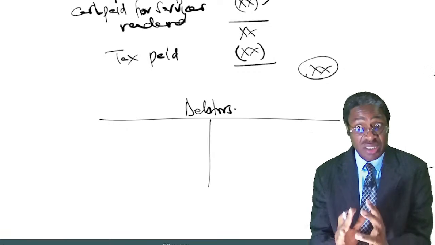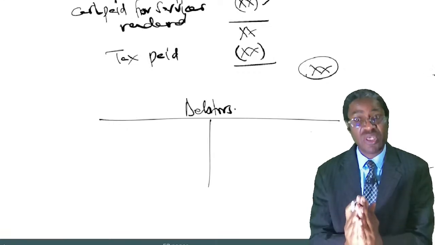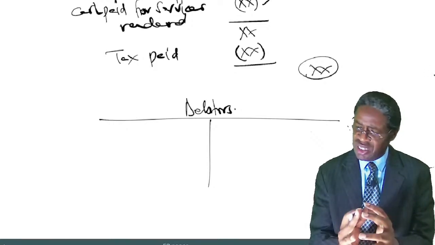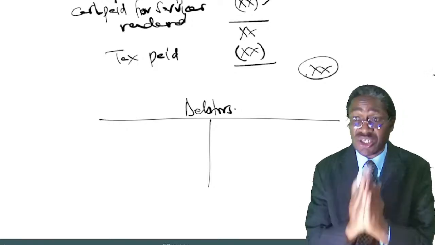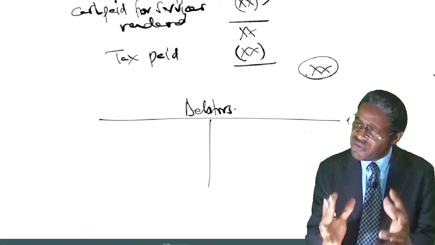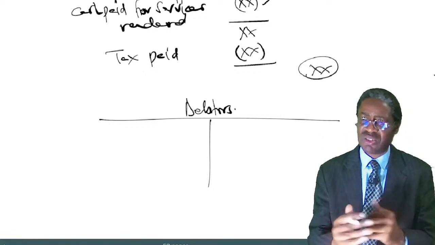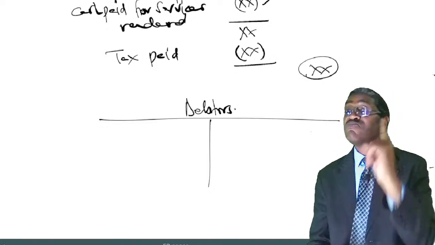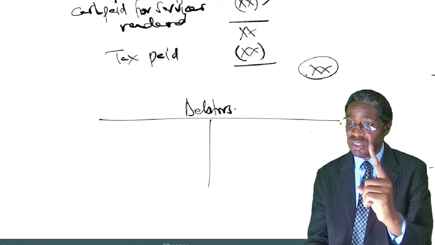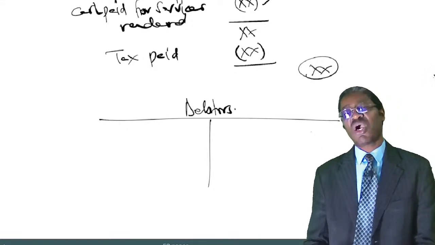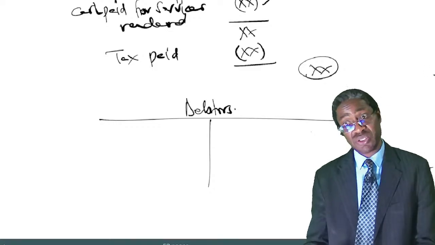From this topic of cash flow, you will go through the question looking for anything that affects customers. Once you feed in everything that affects your customers, as far as cash flow is concerned, there will be one missing figure. And that missing figure is what becomes your cash received from customers.